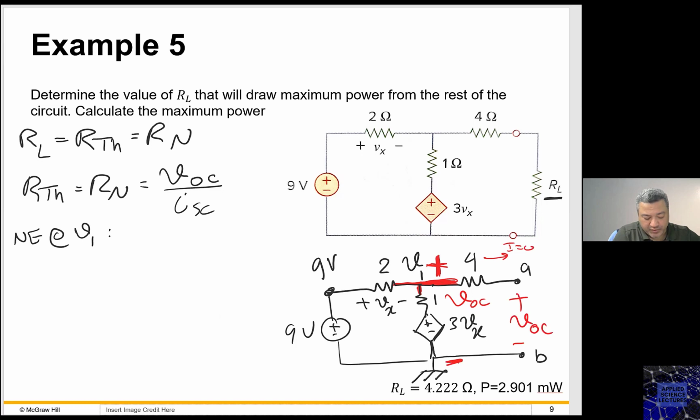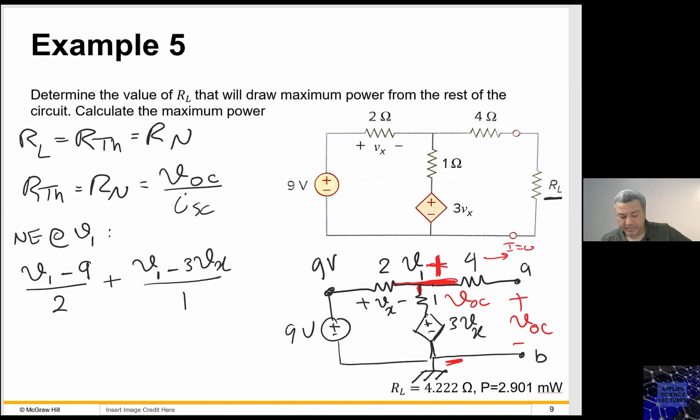I have V1 minus 9 over 2, plus V1 minus 3Vx over 1, equals 0. Now you have to be careful that you need to find a relationship between this dependent source variable and your standard variable.